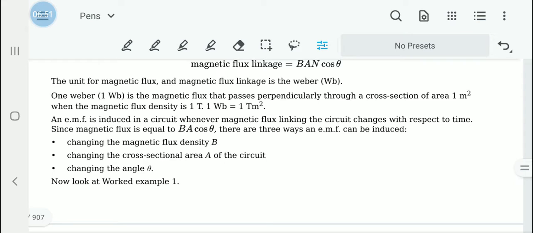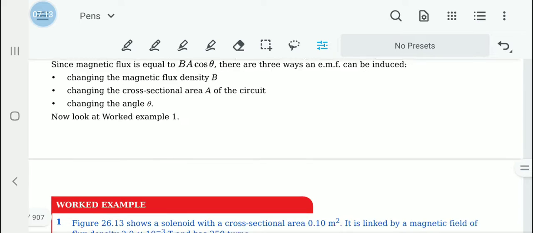Because magnetic flux is equal to BA cos theta, there are 3 different ways EMF can be induced: we can change B, we can change A, we can change cos theta. That is, the magnetic flux density can be changed, the cross-sectional area can be changed, and the angle can be changed.